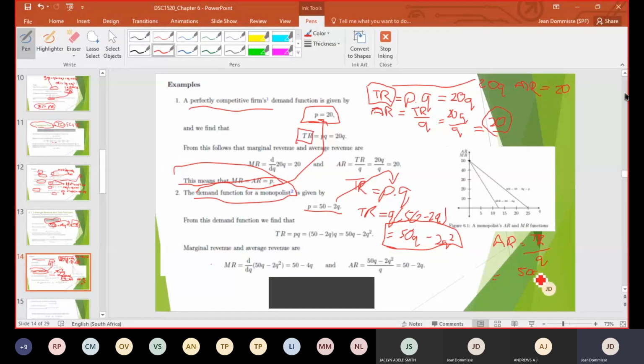So my average revenue would have been 50Q minus 2Q squared divided by Q, and then there's a Q up there, there's a Q up there, so if you look at that, we could have nearly gone back to that point and written it as what was original.